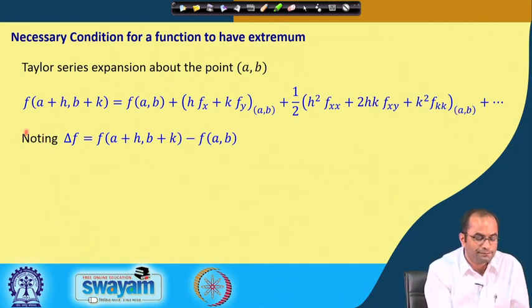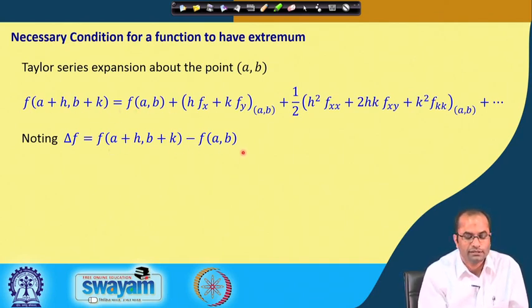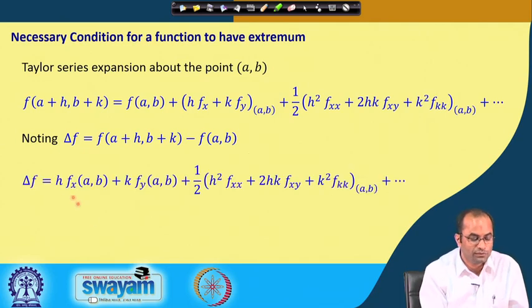Noting that this Δf, which we defined in the previous slide, is the difference of f(a+h, b+k) minus f(a, b), that will be equal to h f_x(a, b) plus k f_y(a, b), and these higher order terms.